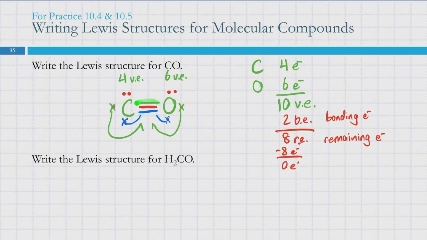And if we do that, now we've got a triple bond between carbon and oxygen, plus a lone pair on each. They've got their octets. We did it. Questions about putting together the Lewis structure?